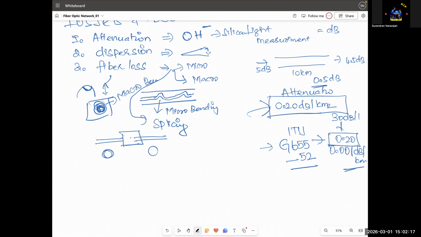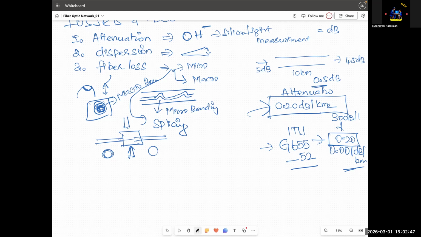Since both are glass, what we are doing is using an arc type heater. We heat both the fibers, melt them and join them. Because it's glass, not like copper. With copper, if your length is not sufficient, you use a coupler or an extension box, then you stretch it further.